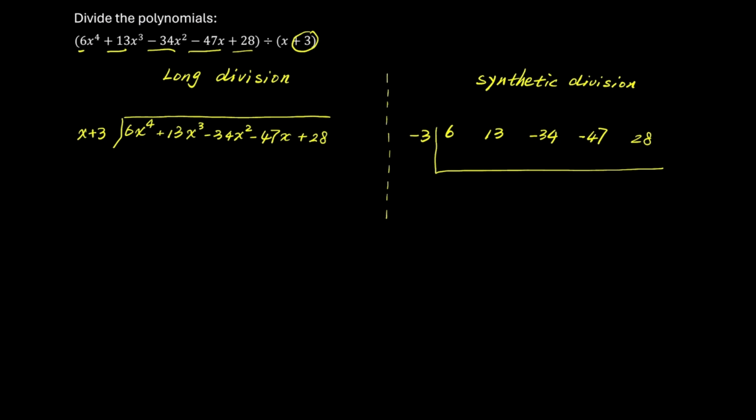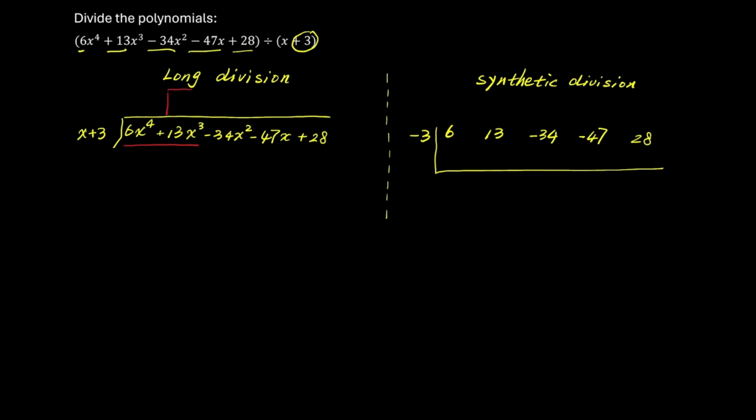For the long division, the divisor has two terms, x and 3, so we need to focus on two terms each time in the dividend. So let's focus on the first two terms, 6x to the power of 4 plus 16x cubed.